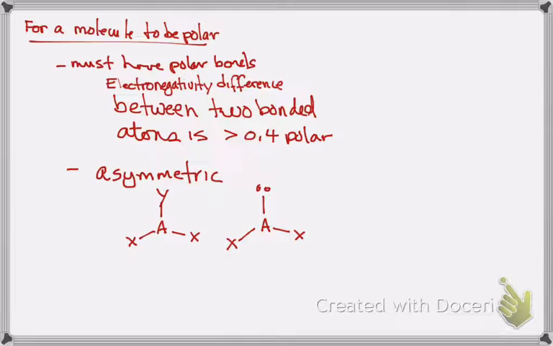So let's give you some examples. You know what, I'm just not going to put the lone pairs on there for now, because we're only worried about the central atom. Okay, symmetric or asymmetric? Is that asymmetric because of the oxygen, right? So that molecule will be polar.